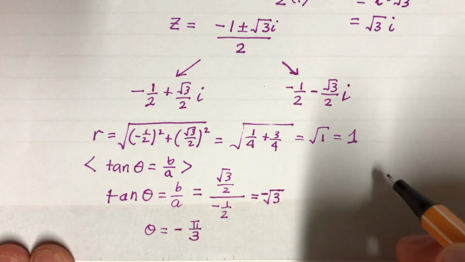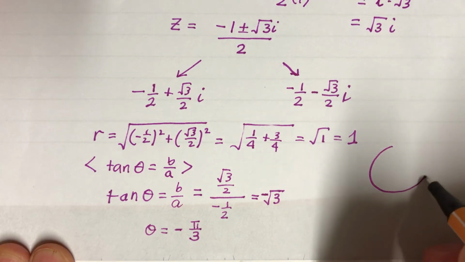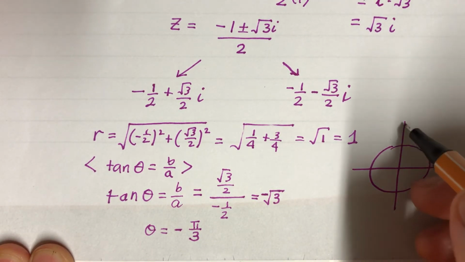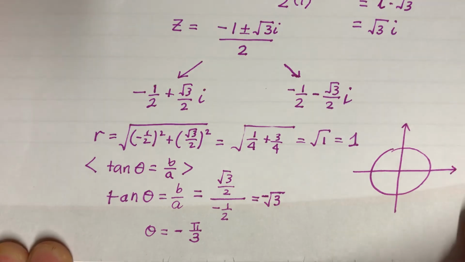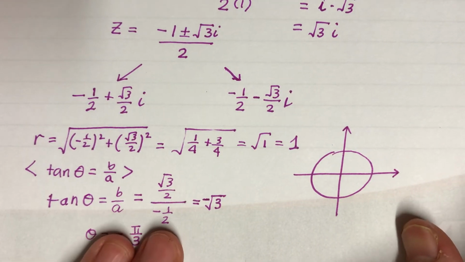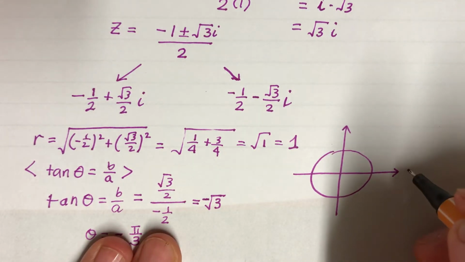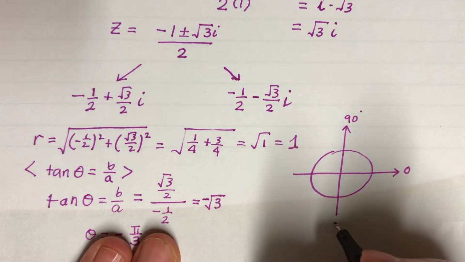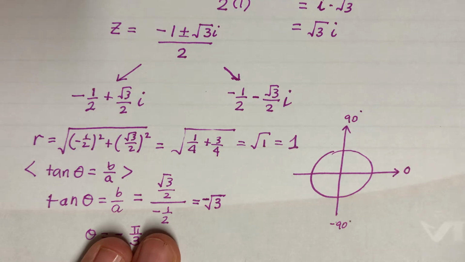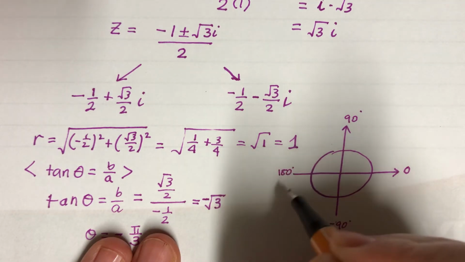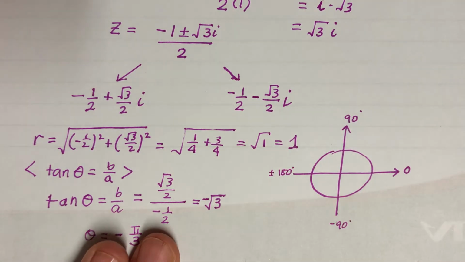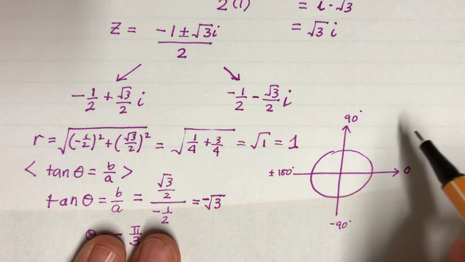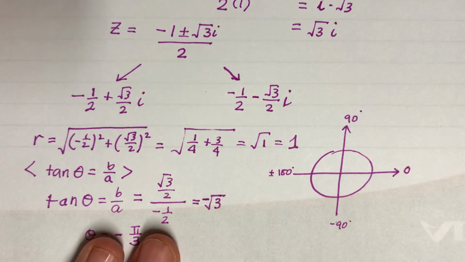Now, if I sketch these onto here, okay, so that's 0, 90, and negative 90, 180, minus 180. So if we go this way, it's minus 180. If we go this way, it's plus 180.